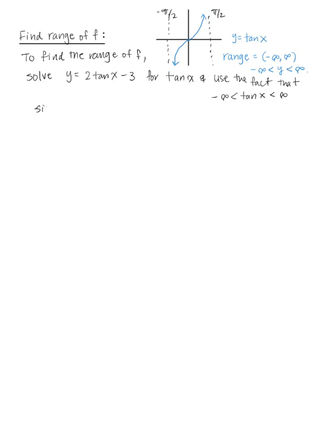All right, so let's try to solve for tangent. We already did this earlier. So tan of x is, that was y plus 3 over 2. And using this fact right here, we're going to get negative infinity less than tan of x less than infinity.